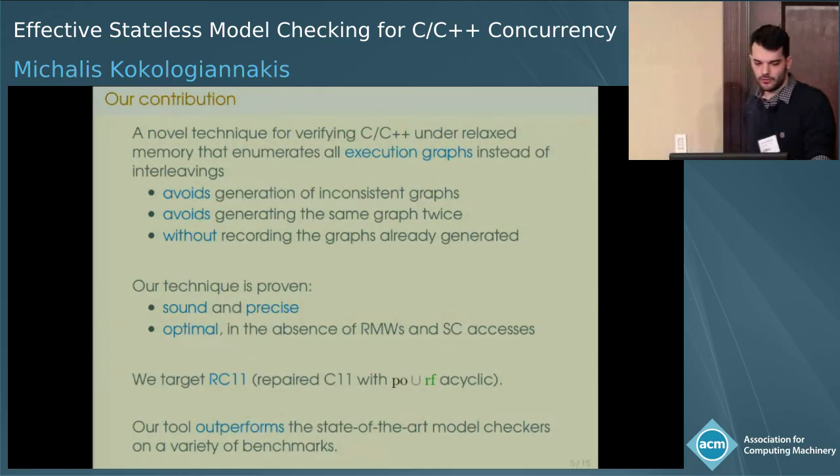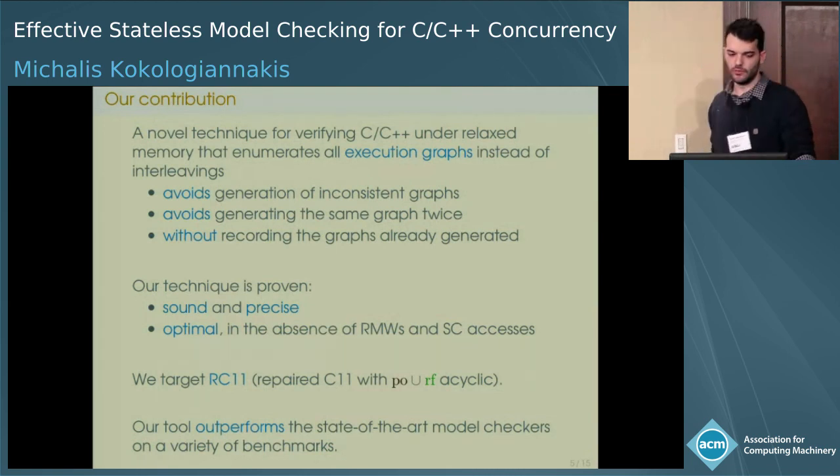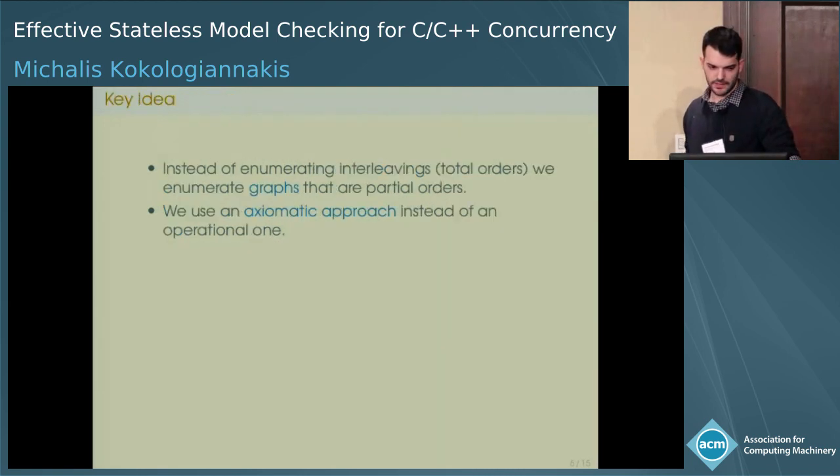Our tool and approach target the RC11 memory model, which is just a repaired version of the C11 memory model, fixed to avoid some out-of-thin-air behaviors. We've run a variety of benchmarks, and we have shown that our tool outperforms the state-of-the-art model checkers.